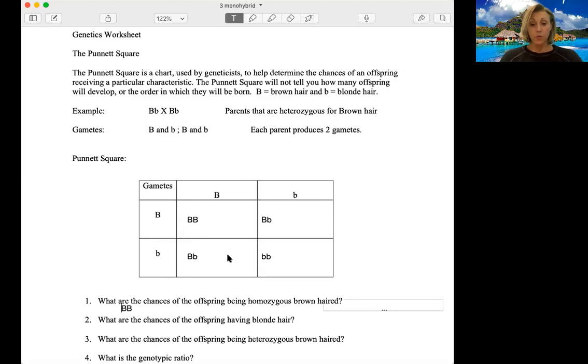So 1 out of 4. All right, 1 out of 4, or 25%, will be big B, big B, or homozygous dominant.